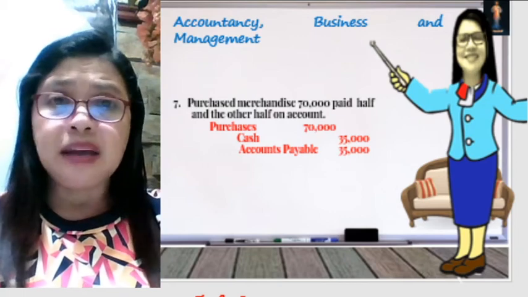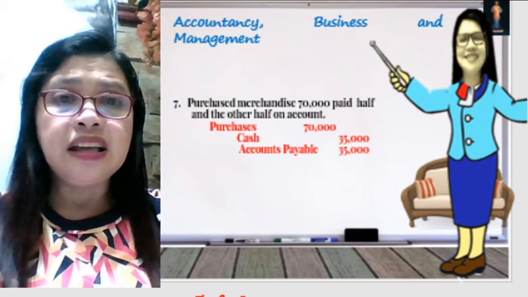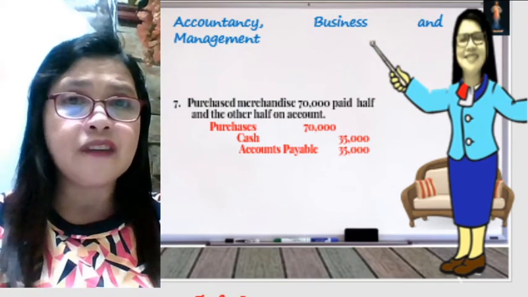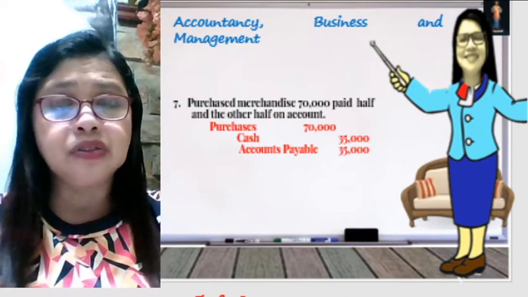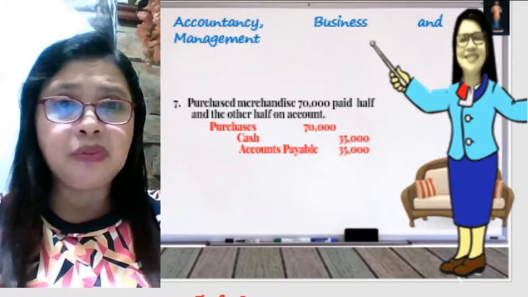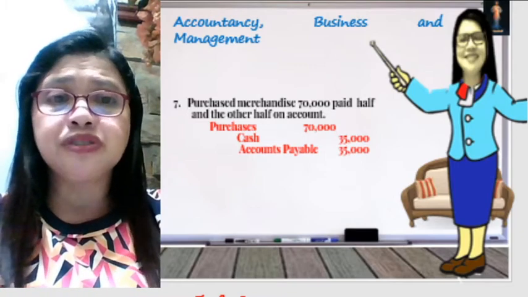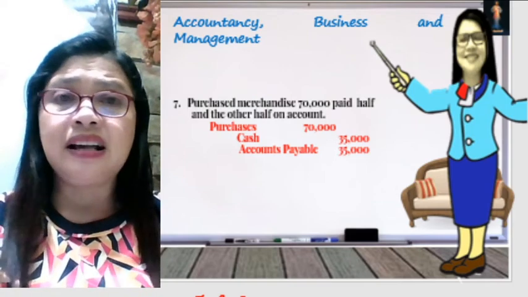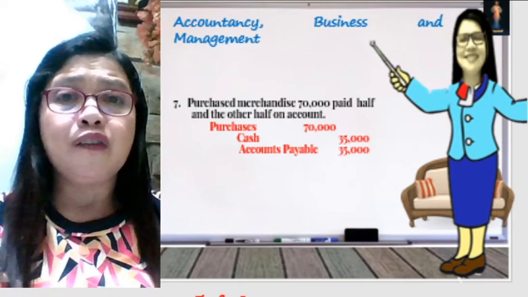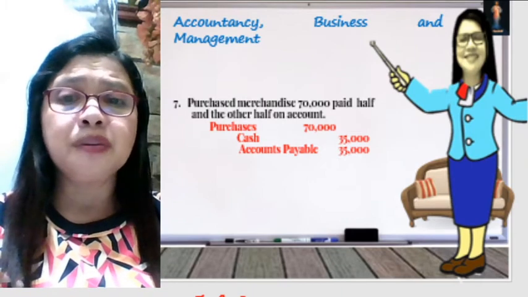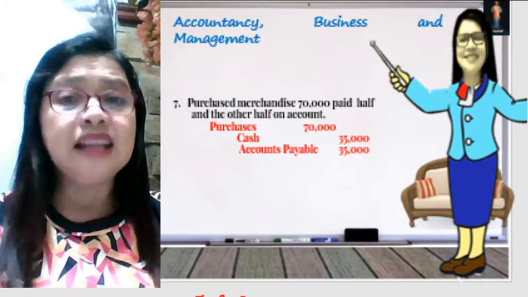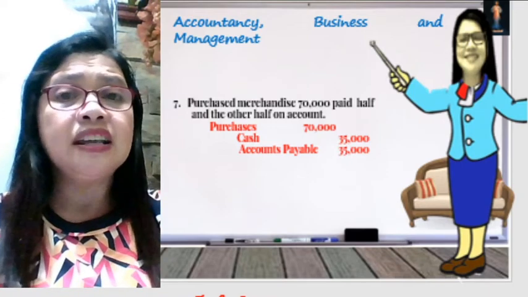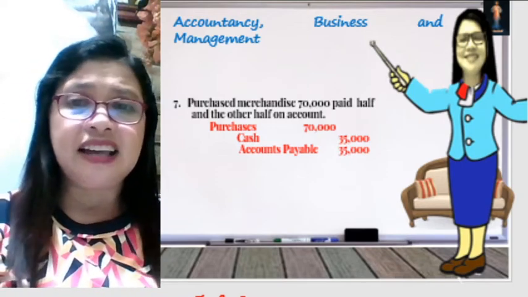So we debit purchases in the amount of 70,000, and since we paid only half, we reduce our cash account by the amount we paid, which is 35,000. And the other half was a liability account because we didn't pay yet for the other half of the purchases. And a payable has a credit balance. That's why accounts payable is on the credit side.